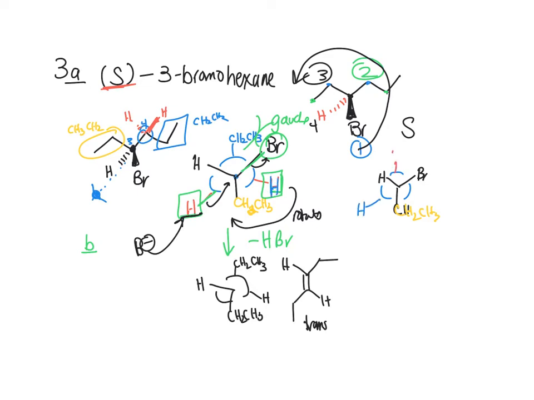That puts the red hydrogen up here, and the CH2, CH3 there. Now the base can come in, take this hydrogen and the bromine leave. Now you got H, CH2, CH3. There's your yellow. And you got the back carbon, where this is a hydrogen here. This is a CH2, CH3.